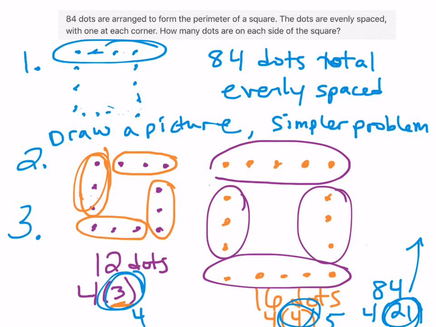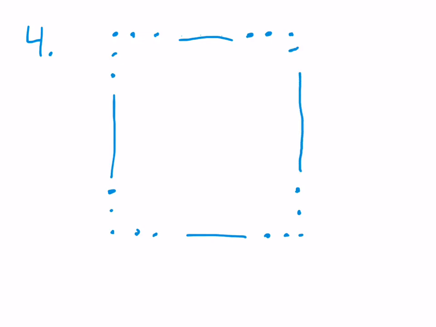Step 4, what can I do to look back at this problem? Right. Well, one thing you can do is check the answer to make sure that we're correct. All right, so if you decided that there were 22 dots along each side, okay, so we've got, let's say 22 along here and so forth.